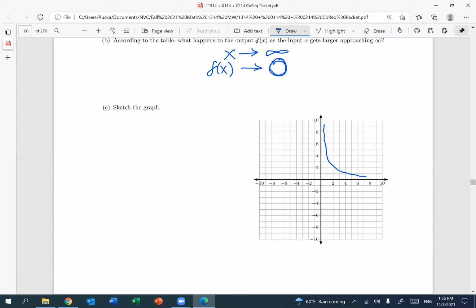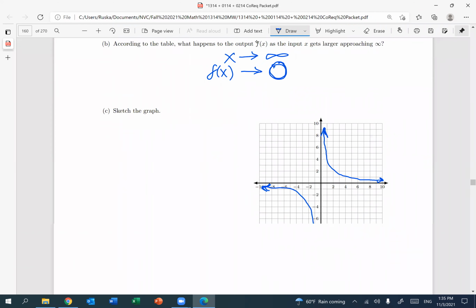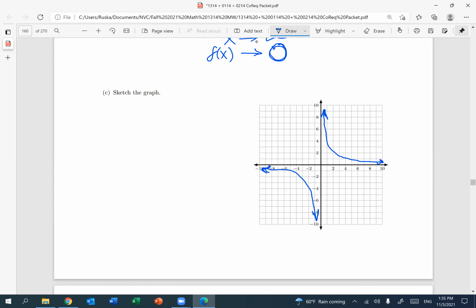And this is for positive x. If the x's are negative, it's going to look something like this. So you have two parts of the graph, one on the left side and one on the right side. And you can do the left side here below the x-axis the same way with the table we did. But I'm just showing you how the graph looks like. See what happens when the graph is going close to 0, close to the x-axis.